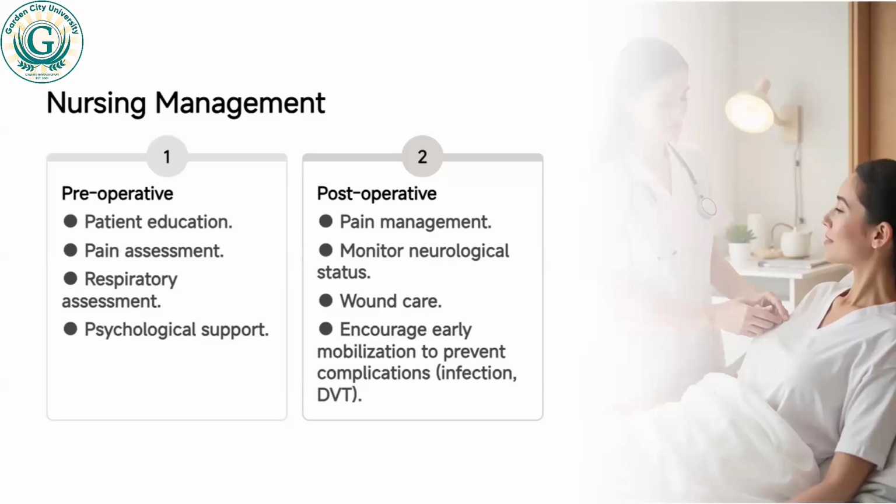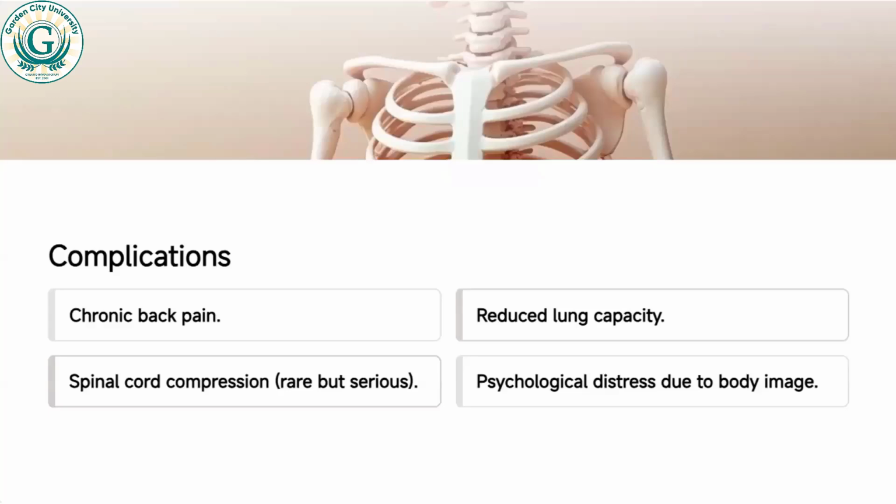We have to monitor for any neurological disorders like numbness and so on. We have to also dress the wound. Wound care is very important to prevent infection, and we have to encourage early ambulation to prevent infection or any DVT or maybe pulmonary embolism.